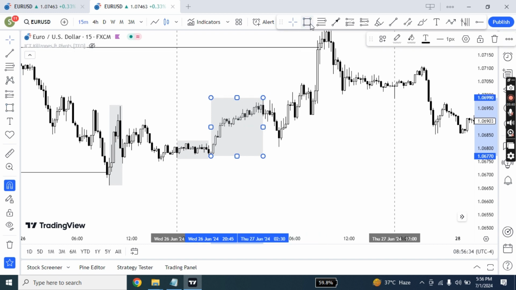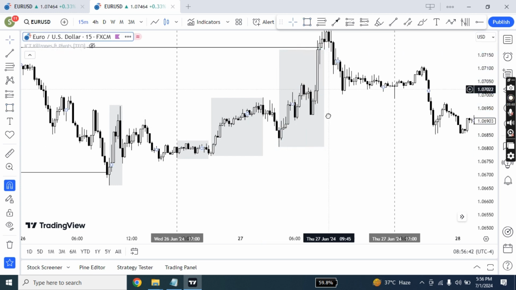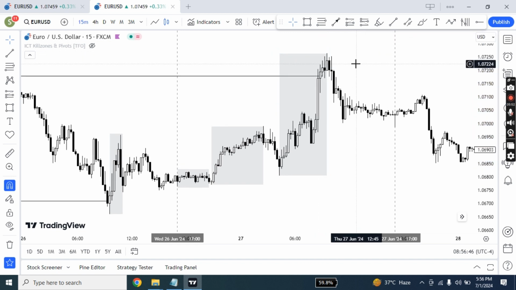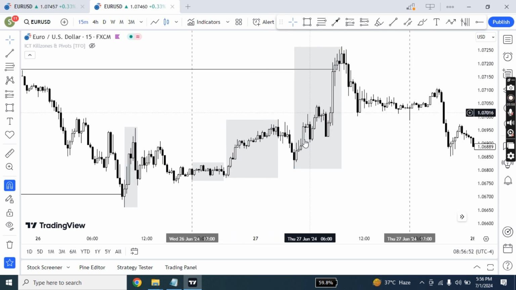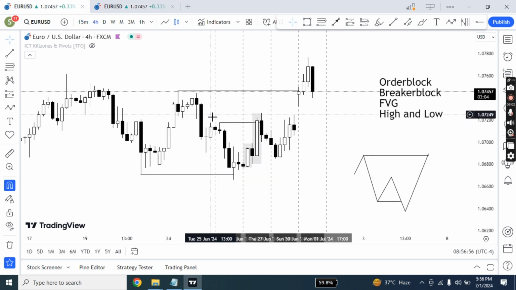Then we have this retracement right here, and after a retracement profile ends, the only possible outcome we can have is an expansion higher, and we had this expansion right here, right? Now the unique thing about this expansion profile is that it also took out this range high, right?